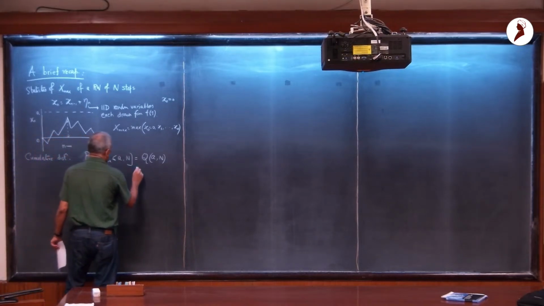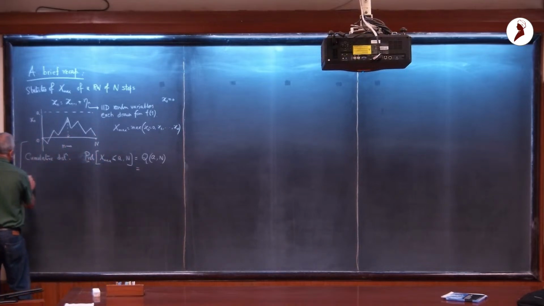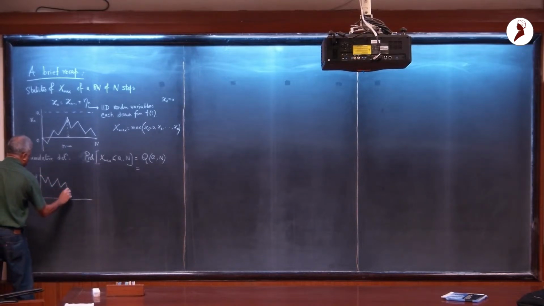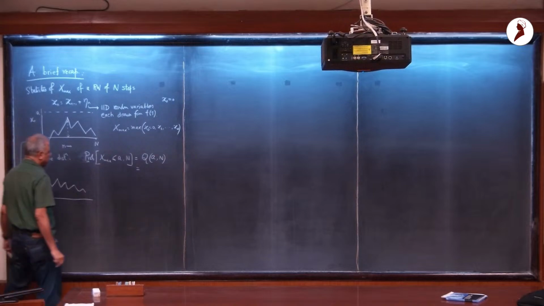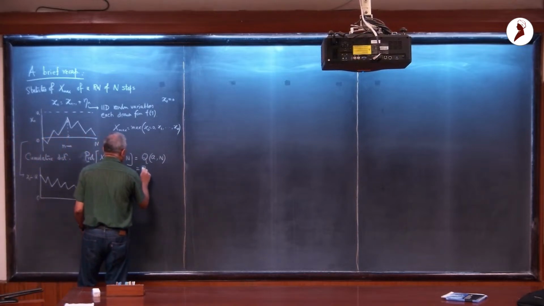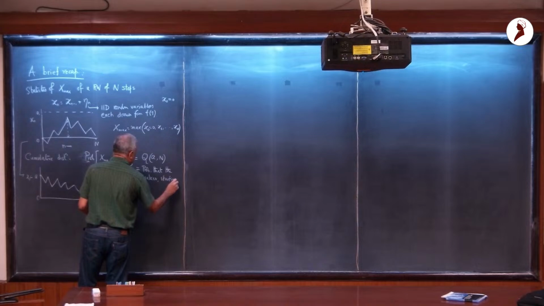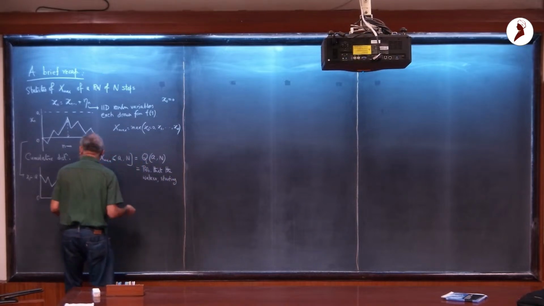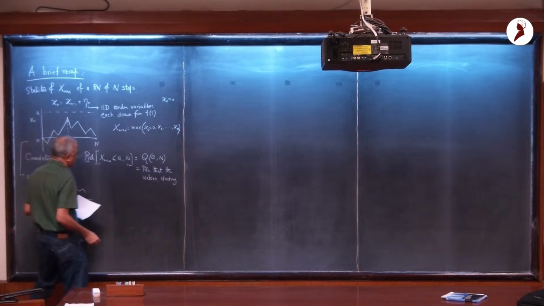But this Q(A, n), we said that if we make the transformation, that means I shift the origin to A and look in the downward direction, then this is like another walk, same walk basically, and here it's 0. So as if it's starting at the initial position A. The maximum A actually becomes the initial position under this reflection.